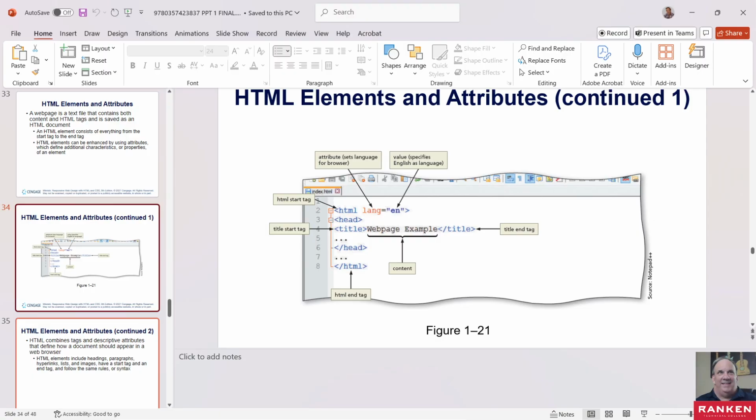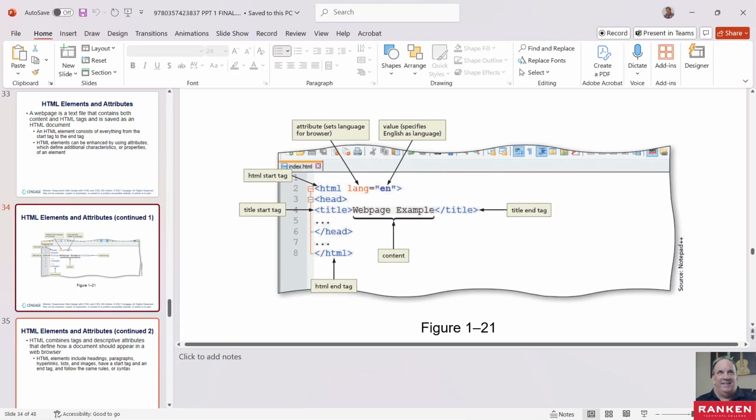So let's make this even a little bigger, maybe. So here's your HTML start tag, right? And then here at line 8 is your HTML end tag, okay? So all your other HTML has to be within your beginning HTML tag and your end HTML tag.